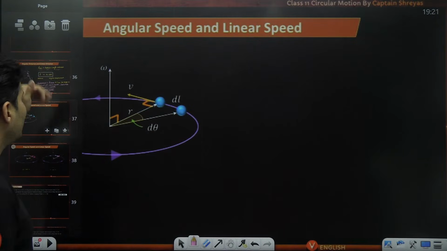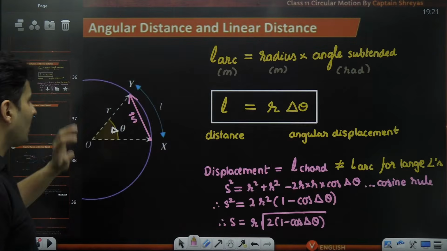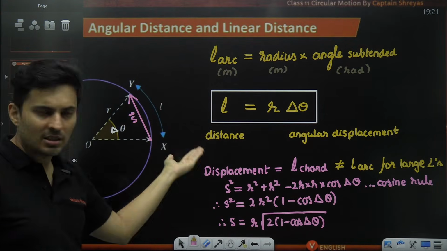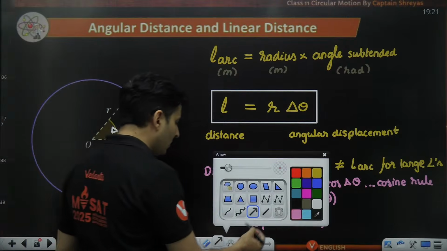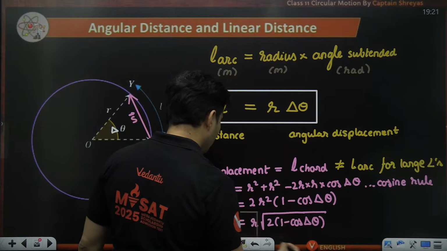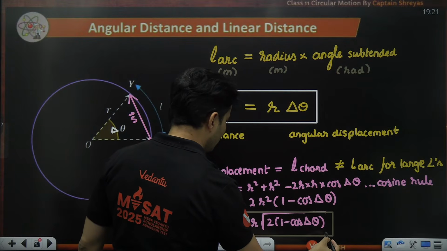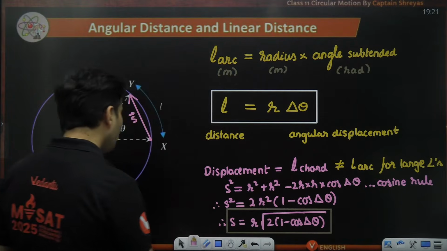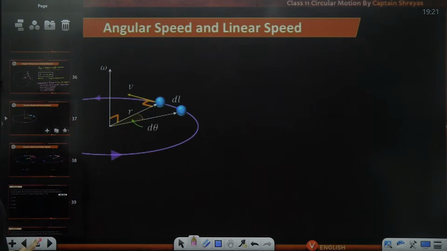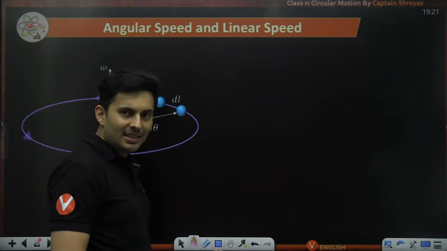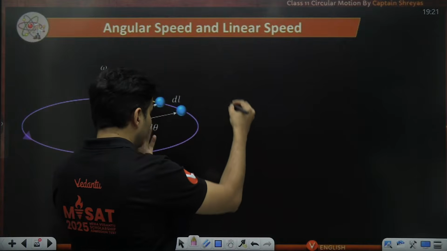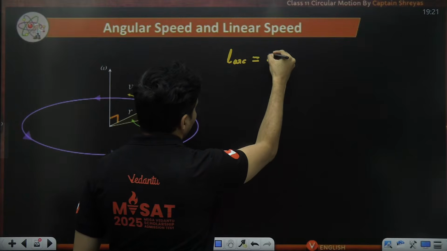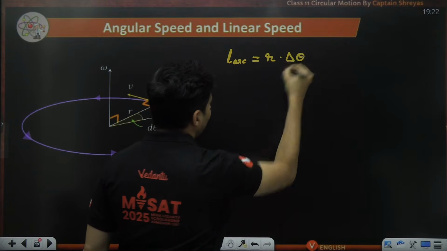Second thing, what is the relation between angular speed and linear speed? Distance and angle we got to know. Displacement and angle also we got to know. If you want, you can remember this. It's not mandatory. If you want to save time, it is always better that you know this formula. Now, angular velocity and velocity. It's very simple, guys. If the length of the arc covered is this much and the radius is r, angular displacement is delta theta.